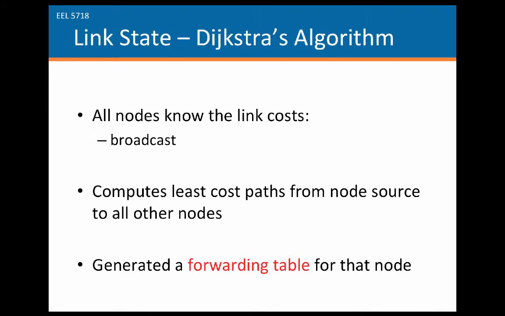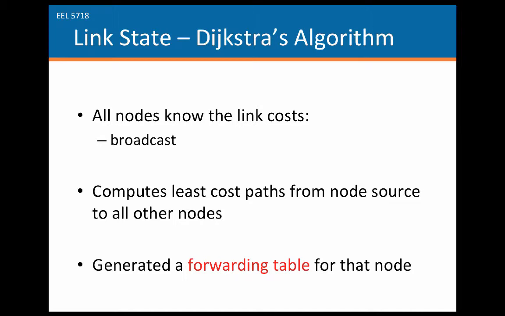OSPF is based on Dijkstra's shortest path algorithm. Each node knows the cost of each link, which is broadcast over the network, and each node has a table that is computed by finding the shortest path from source to all other nodes. It's similar to what we saw in class.